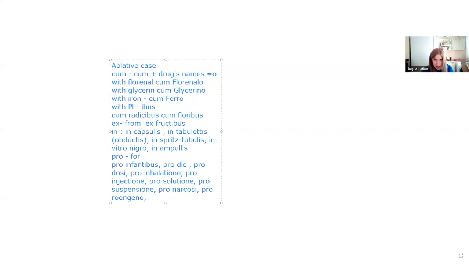And some plural examples, like for suspensions, for solutions, for injections: pro suspensionibus, it means for suspensions, pro injectionibus for injections, pro solutionibus for solutions.